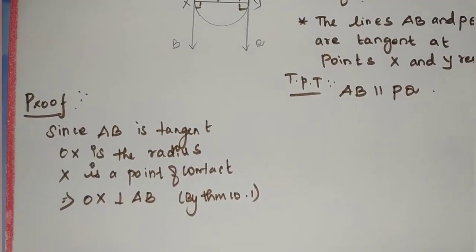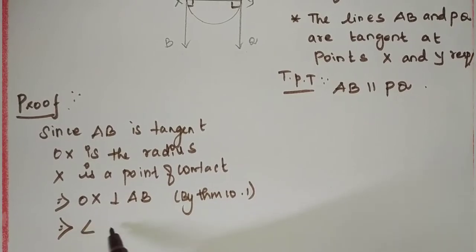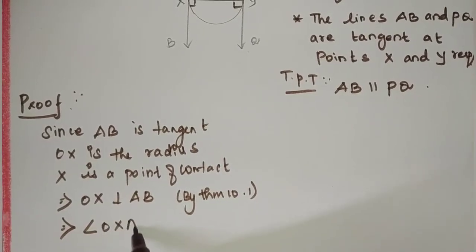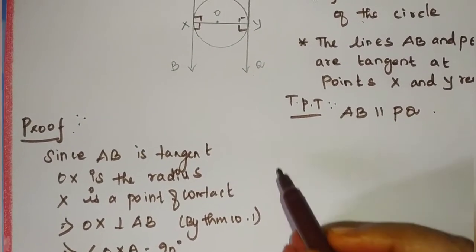Clear, children? So now, since it is perpendicular, what can we tell? The angle OXA is equal to 90 degrees. That angle at X is 90 degrees.